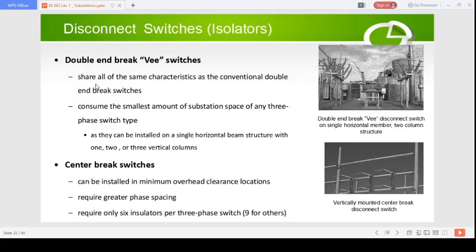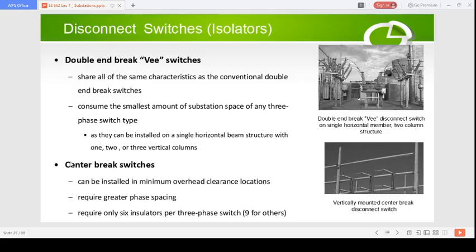Okay, so it shares all the same characteristics as the double end breaker switch, and it consumes the smallest amount of substation space of any three-phase switch type. Substation space means the ground space needed for installing this device. They can be installed in a single horizontal beam structure as shown here.